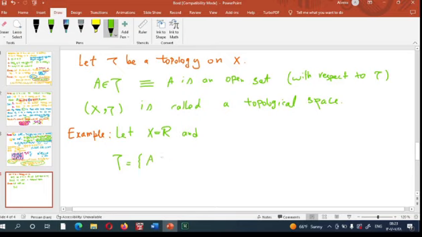The set of all subsets of real numbers such that there exists a family of balls or open intervals such as this, such that A equal to this union. Okay.